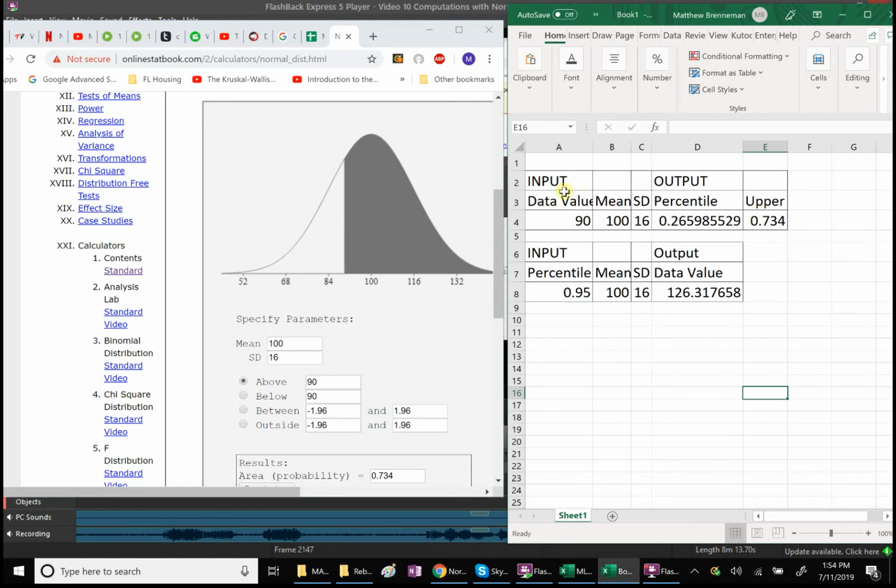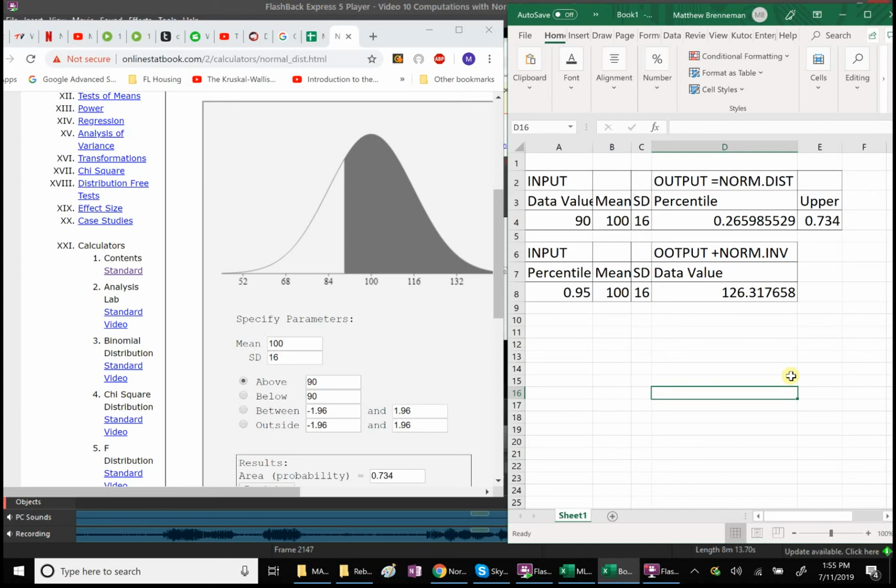So remember, for this command, the output, I use norm.dist. And for the output here, I use norm.inv. Basically, you're going backwards with norm.inv, right?